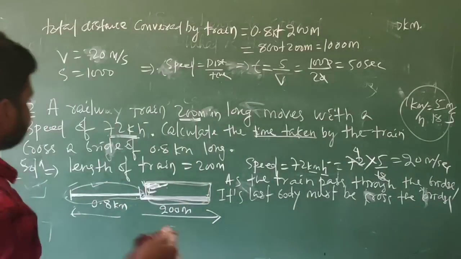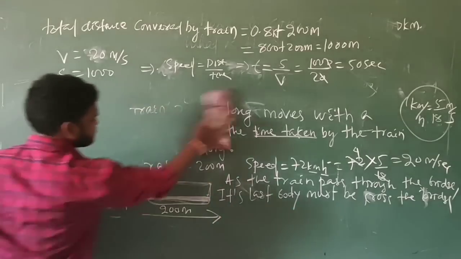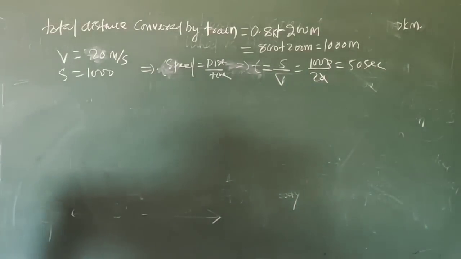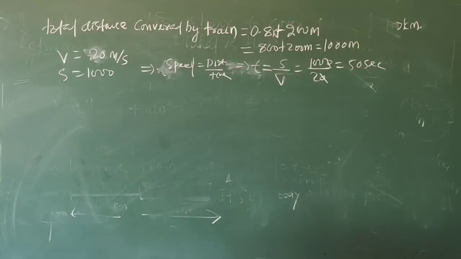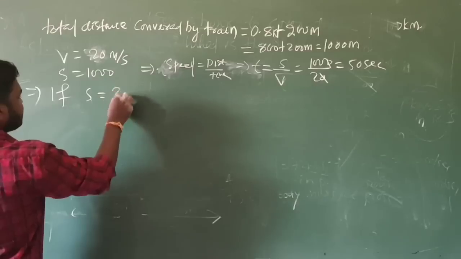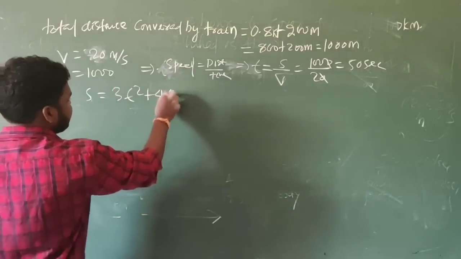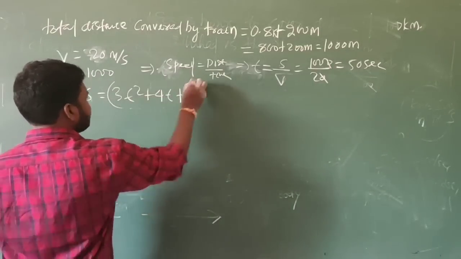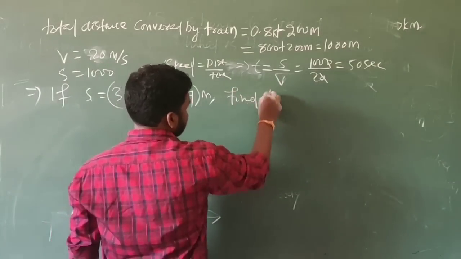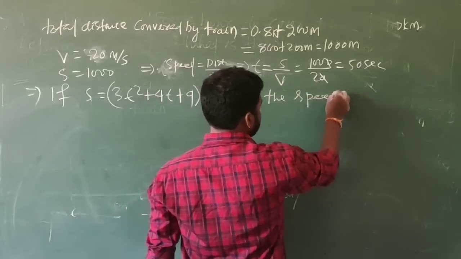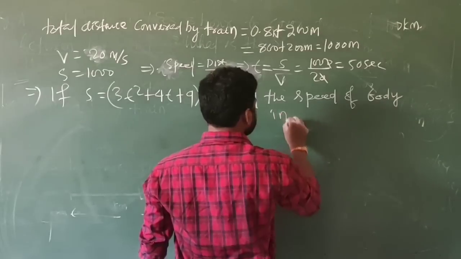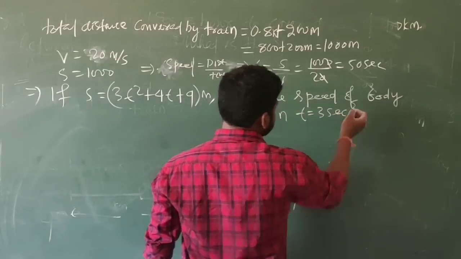Next, finally our last question: if distance is equal to 3t square plus 4t plus 9, then find the speed of the body at time 3 seconds.